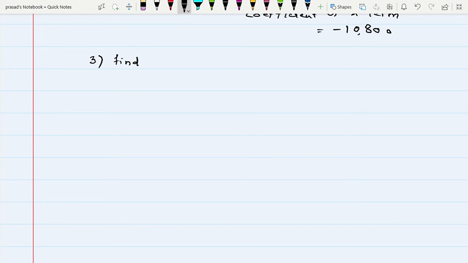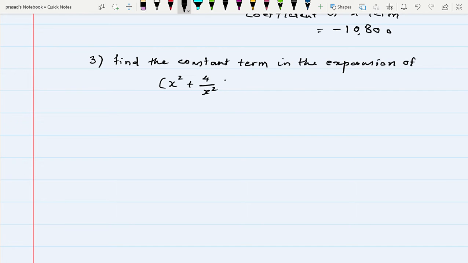Find the constant term in the expansion of x square plus 4 upon x square, to power 8. Now here, keep certain things in mind.